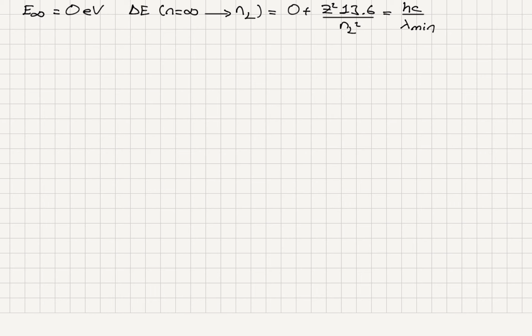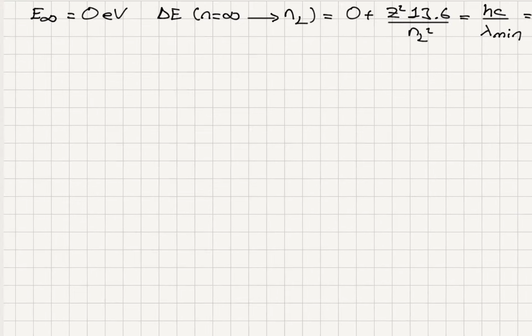Okay, so 1243 electron volt nanometers divided by 364.6 nanometers. This gives us 3.41 electron volts for the delta E corresponding to this transition.